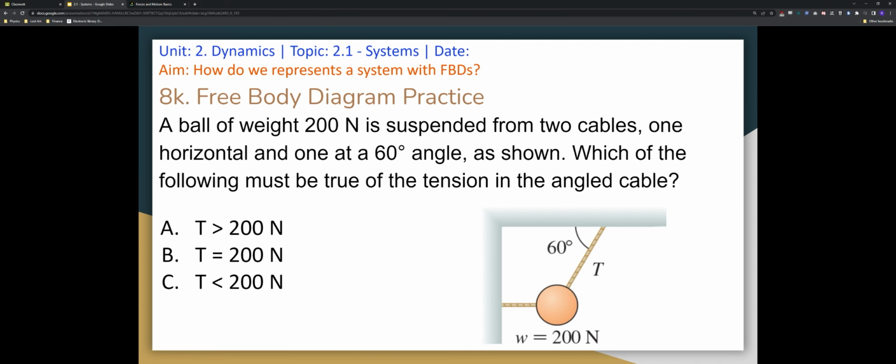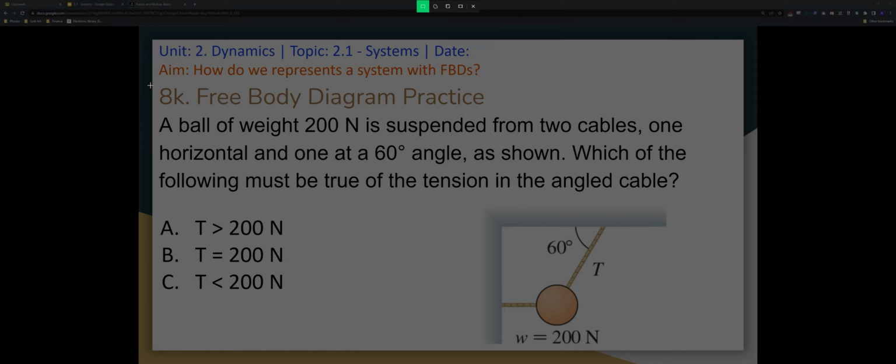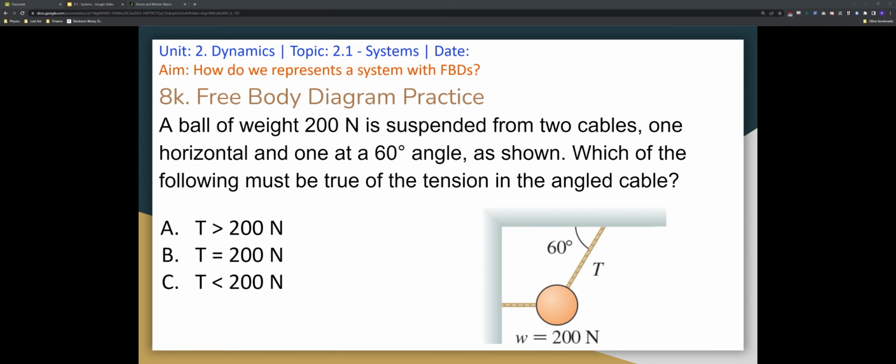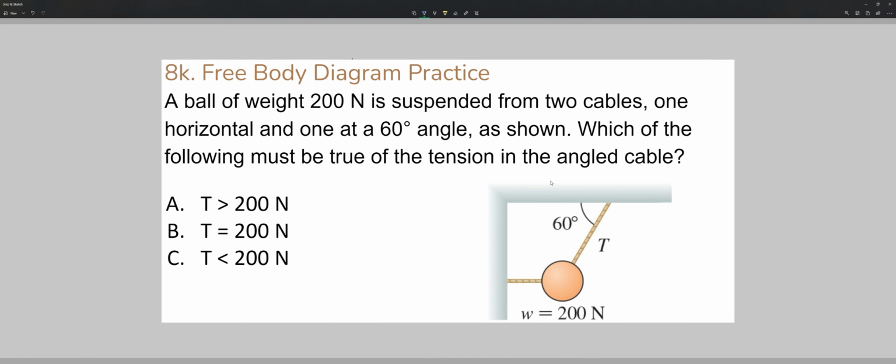Let's do AK. A ball of weight 200 newtons is suspended from two cables, one along the horizontal and one at a 60-degree angle. Which of the following must be true of the tension in the angled cable?